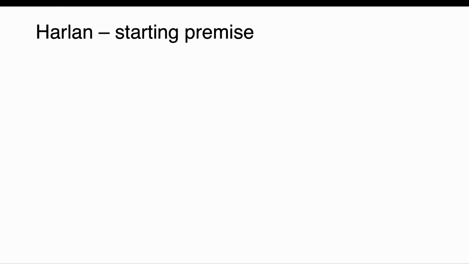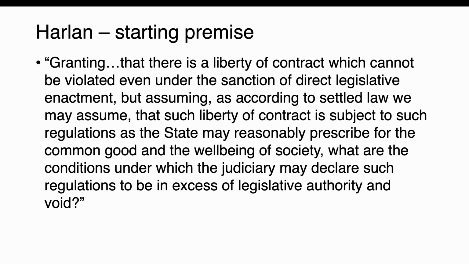This was written by John Marshall Harlan, and he starts off with a very different premise. He says, look, I agree with Justice Peckham that liberty of contract is a legitimate right. It's a thing. It cannot be violated even under the sanction of direct legislative enactment.